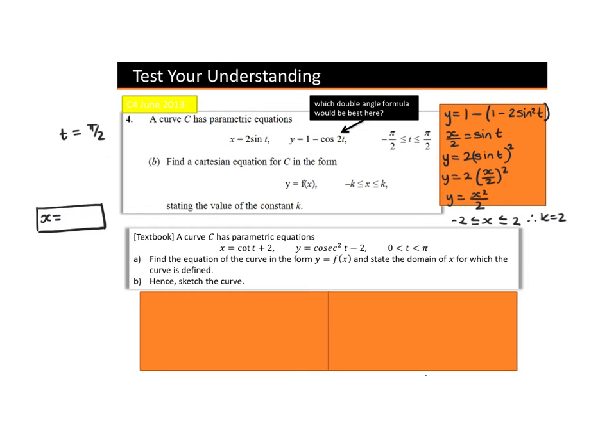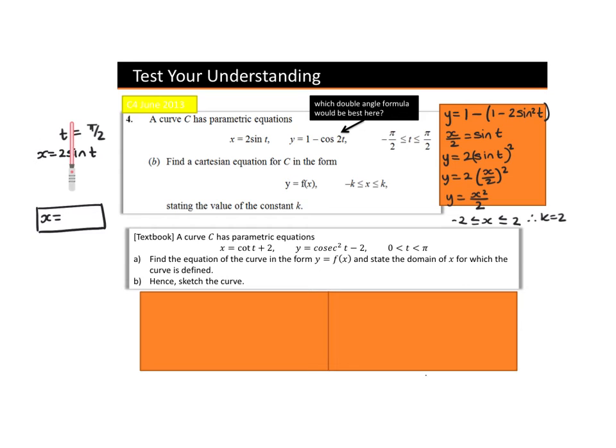So, okay, that's fine. We know what t equals. We know that x equals 2 sine of t. Okay, so let's think about what has happened to t. If we just had t on its own, okay, we can substitute in pi over 2 here. This will still give us the answer. But also look at it a different way. What happened to t? T's on its own, and then boom, 2 sine t.